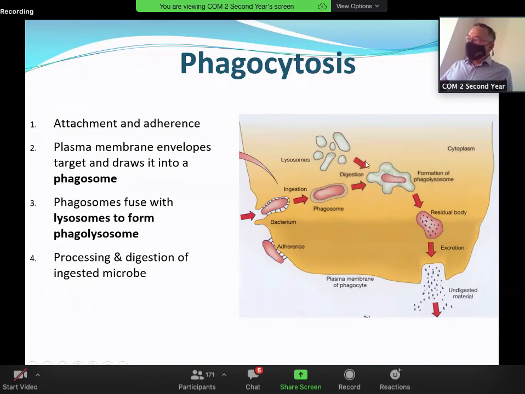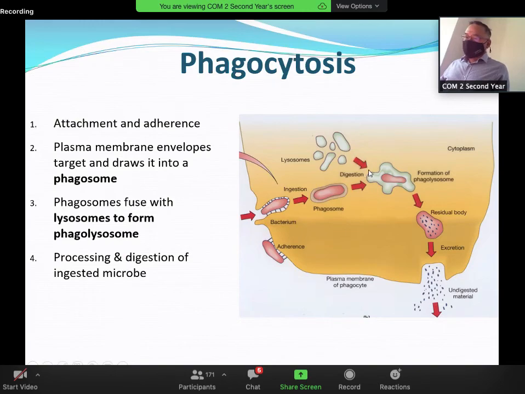Meanwhile, within the cytoplasm of these cells, particularly in neutrophils, you have these dense granules, and these granules are packed with proteolytic enzymes, defensins, antibacterial chemicals, which, when you get fusion between these lysosomes and the phagosome to form what's called a phagolysosome, these packets of enzymes are discharged into the phagosome, which can then act on this ingested material and degrade the bacterial membrane to break it down into various components.